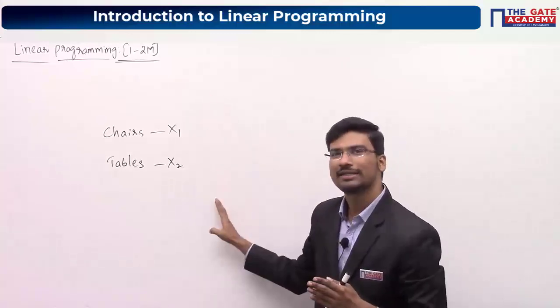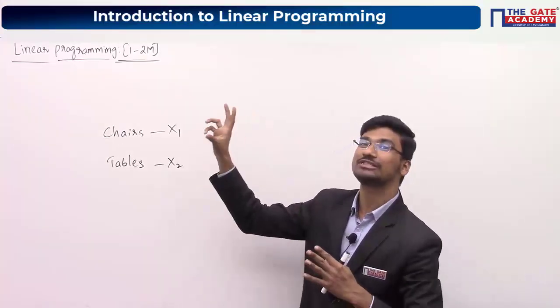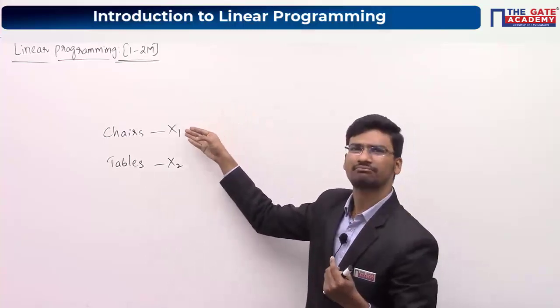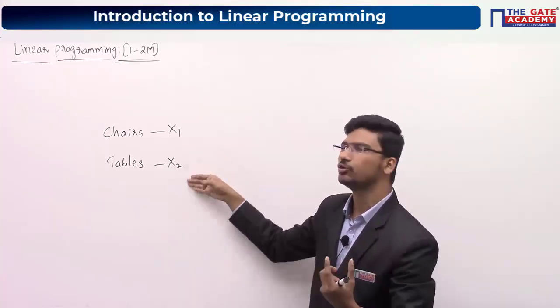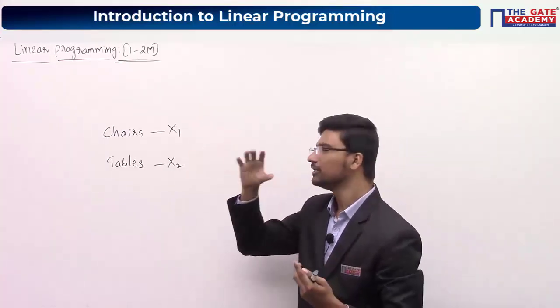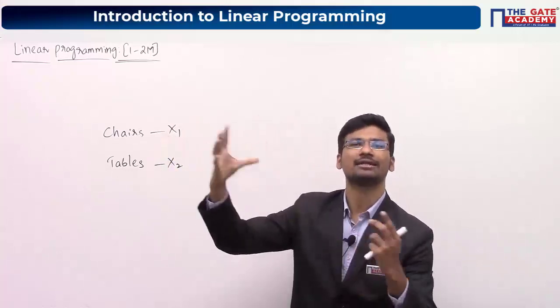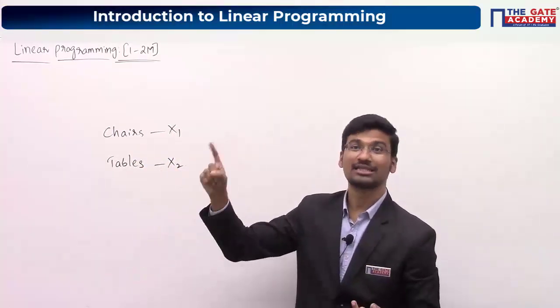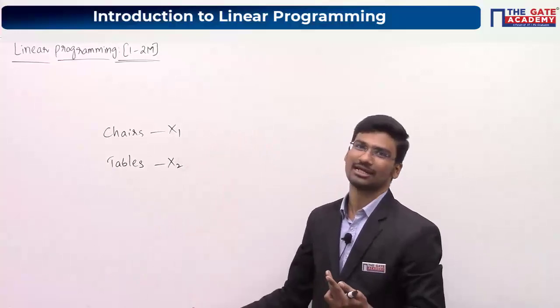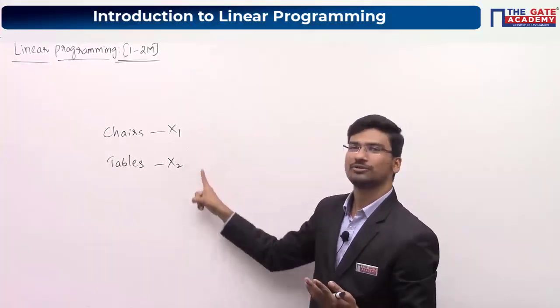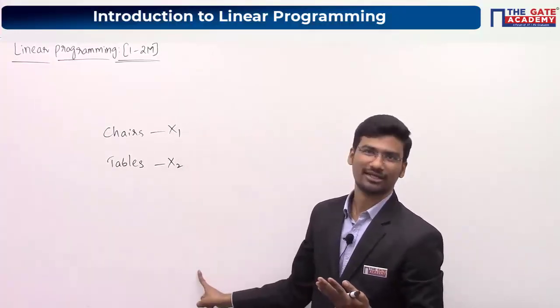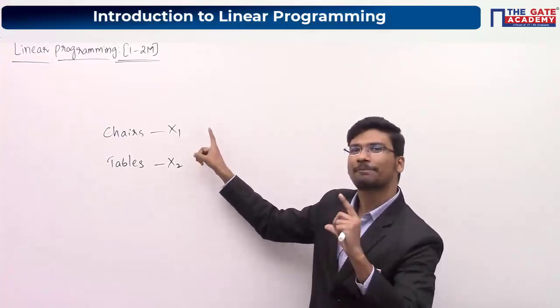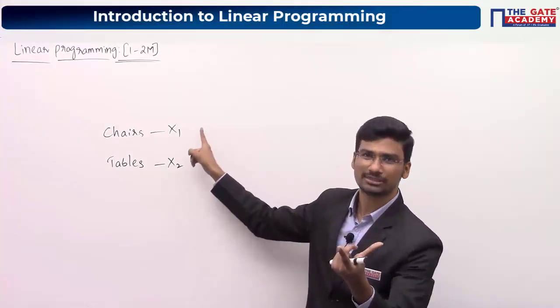Again, to solve these types of problems, you can use linear programming. Just for simplicity, I have taken only two variables. You can imagine that if a company is producing some 10 different types of products, then that company will have 10 variables like this, and you have to solve for those 10 variables. Now your total profit will be a function of these two variables.